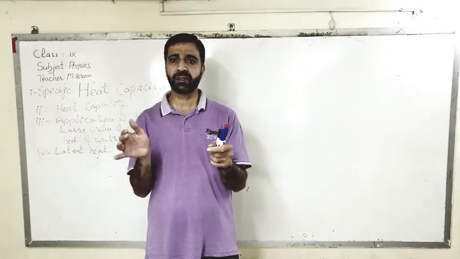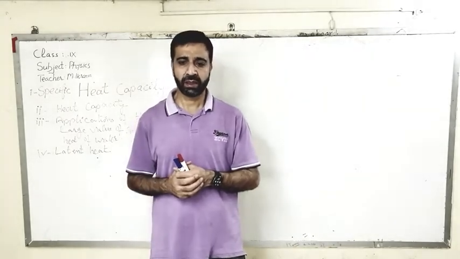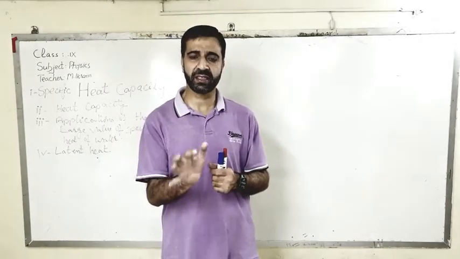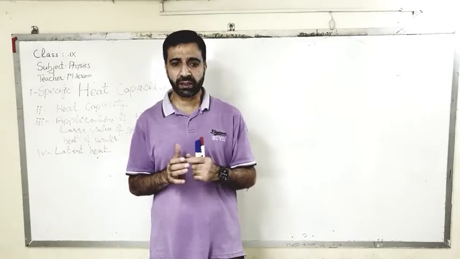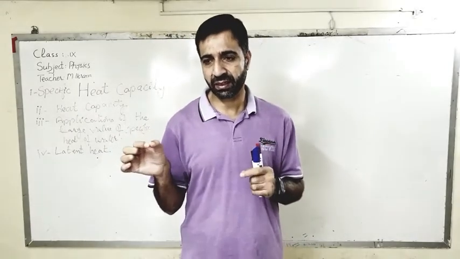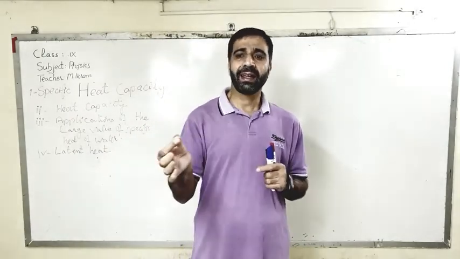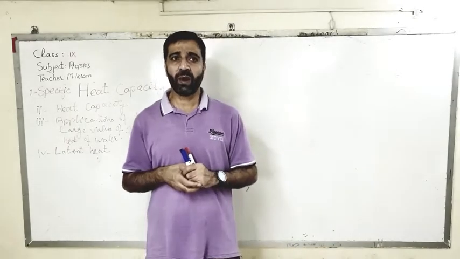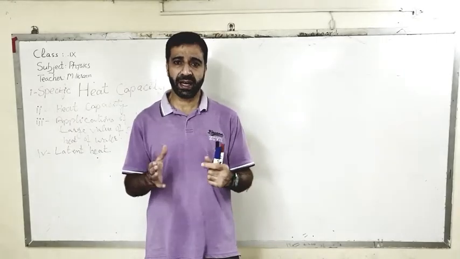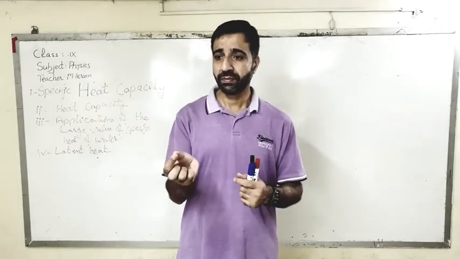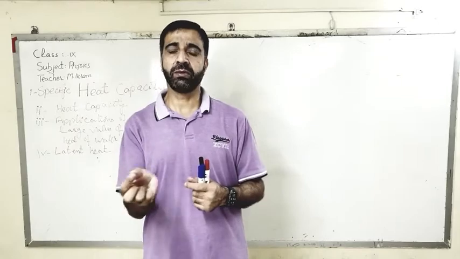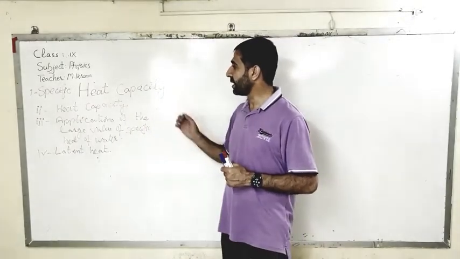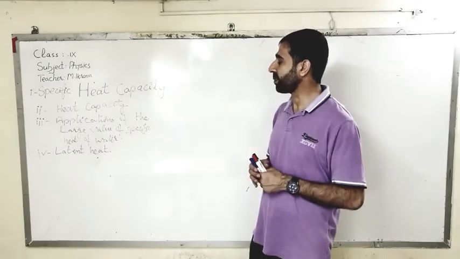But when you bring it to your room and after a while touch it, you will feel that the spoon is cooler than the water in the cup. So why does all this happen? This is a very safe experiment you can perform at home also. The answer is the specific heat capacity.